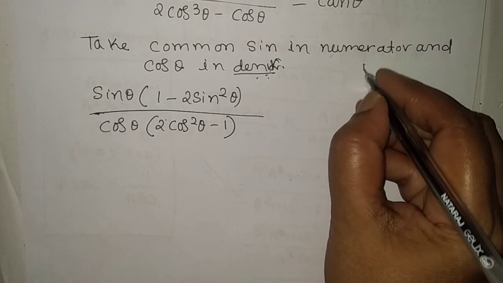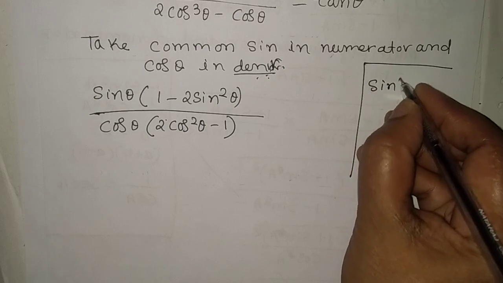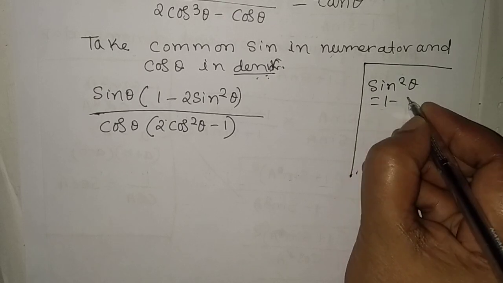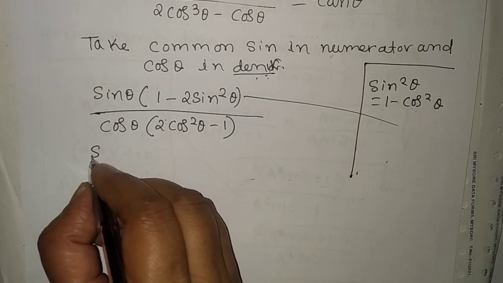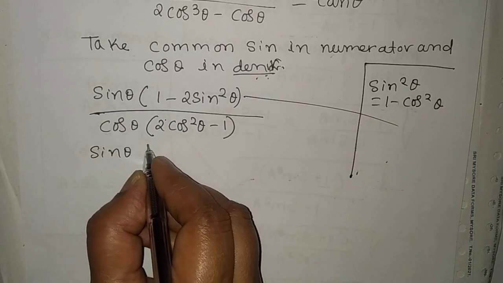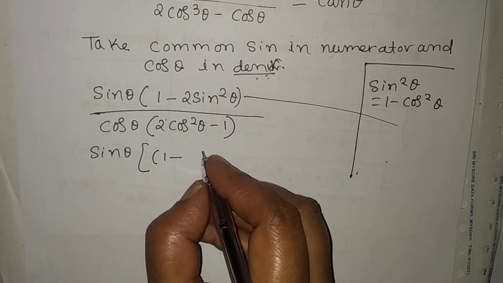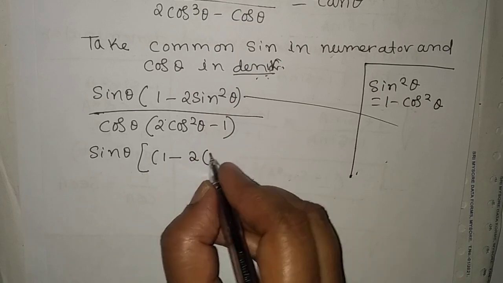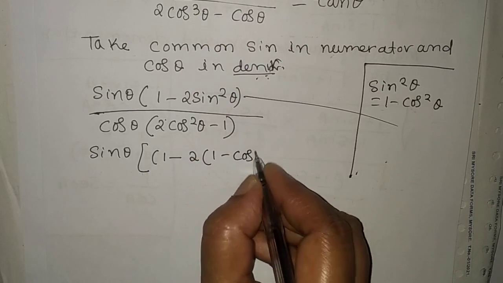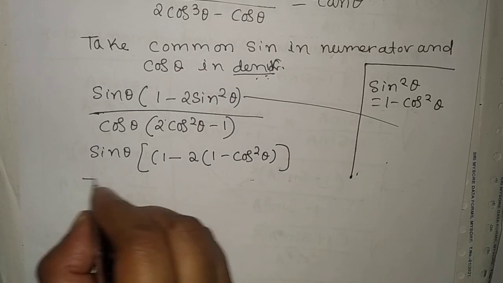Now we can use this, that is sin square theta is equal to 1 minus cos square theta in the numerator. So write down sin theta, write 1 outside and 2 here, then (1 minus cos square theta), close this and this.